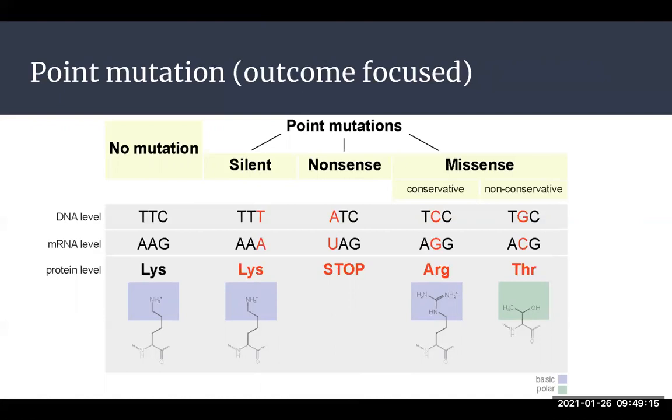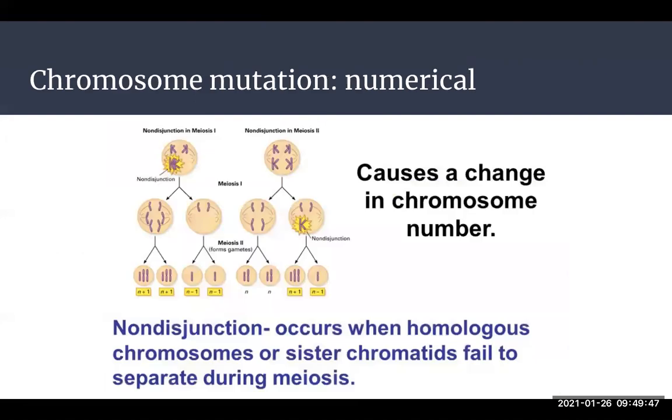A missense is when your codon has been changed in a way that codes for a different amino acid. For example, it could be coding for an arginine or something else. Conservative, non-conservative, you don't really have to know it at this point, but it means that it codes for an amino acid with a different polarity, if you remember what that means from the beginning of the lesson in Unit 2.